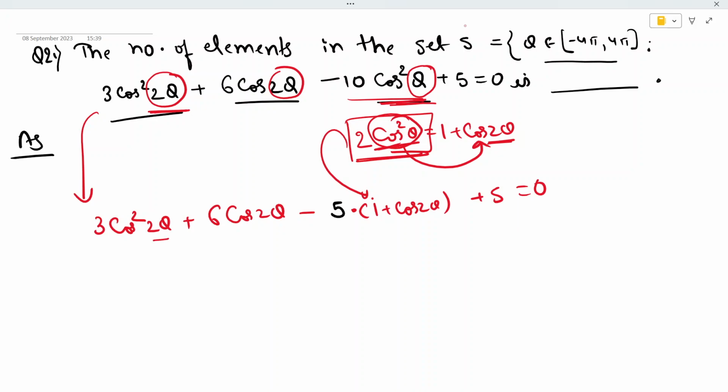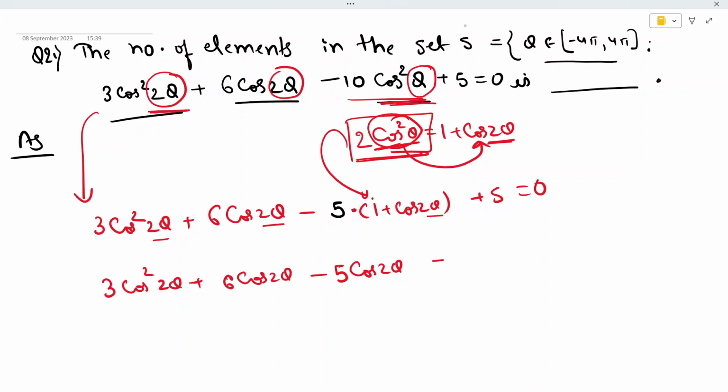Now look, the argument is the same, so it is very easy to calculate. 3 cos square 2 theta plus 6 cos 2 theta minus 5 cos 2 theta minus 5 plus 5. This is very easy.